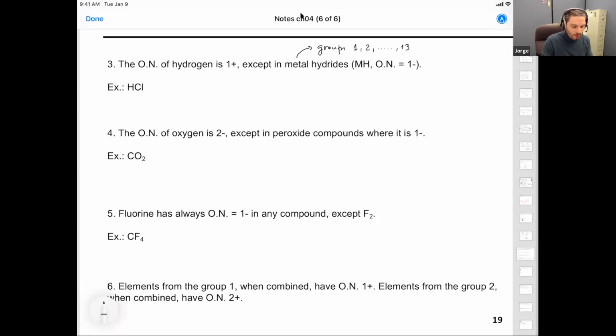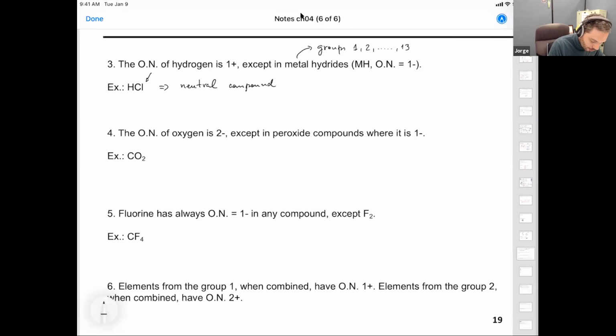Okay, so the goal here is usually to find the oxidation number of one of the elements in the compound. So let's see the example for HCl. First thing, HCl is a neutral compound. How do I know that it is neutral? Because there is no charge on the upper right corner of the molecule.